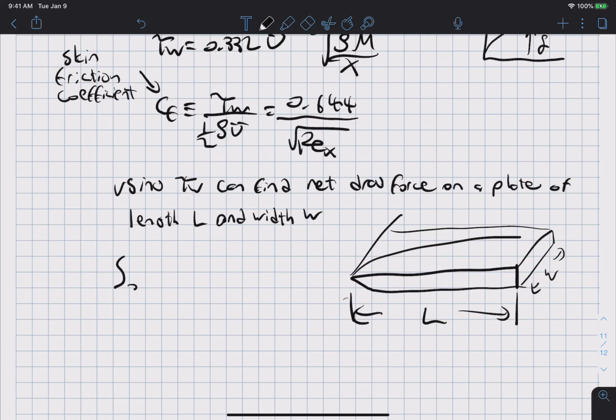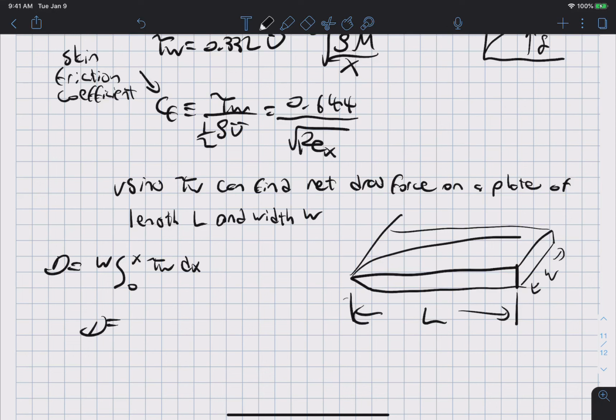So that would be the integral from 0 to x, tau wall dx, times, assuming that the boundary layer is the same at this position as it is on basically this depth here. You can just multiply that by W, and if you do that, that's what the drag is equal to.